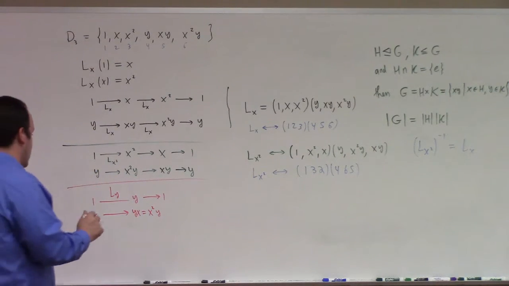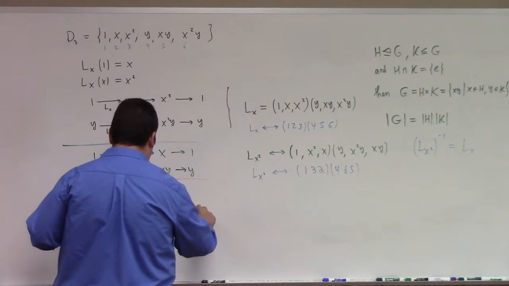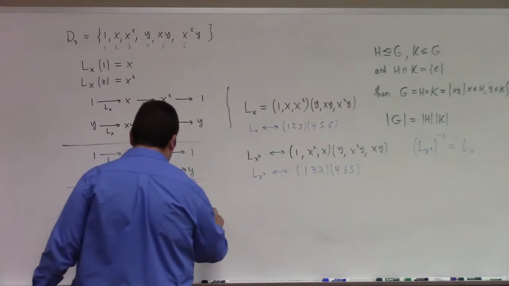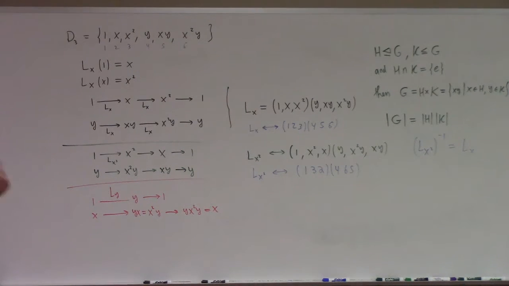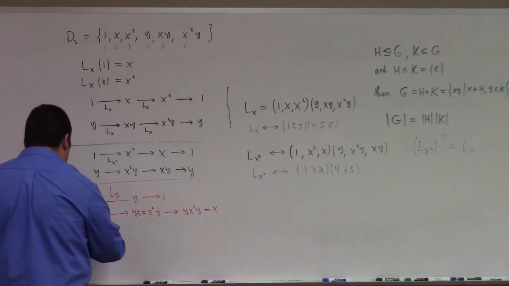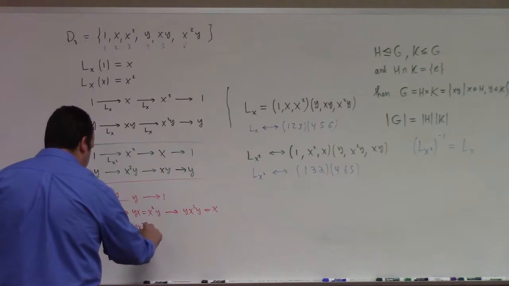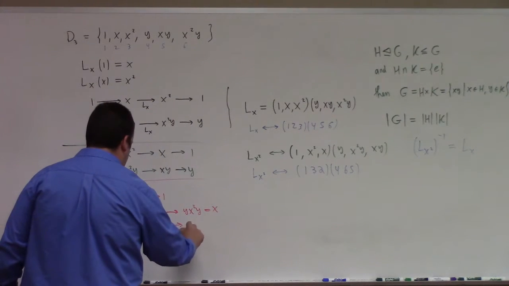And then that goes to y x squared y, which is x, I think, because that's x to the minus 2 yy, but x to the minus 2 is x again. We're back where we started. x squared goes to yx squared, which is equal to xy, and that will go back to x squared again, I'd bet.